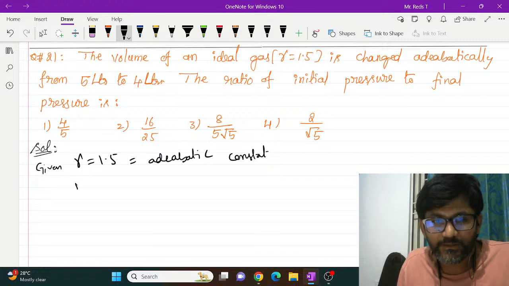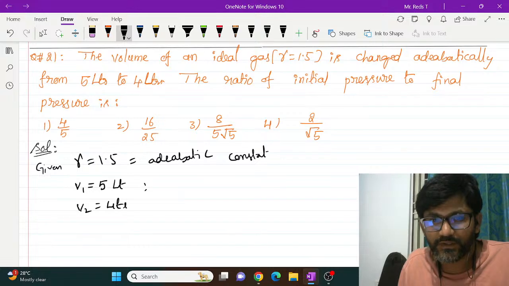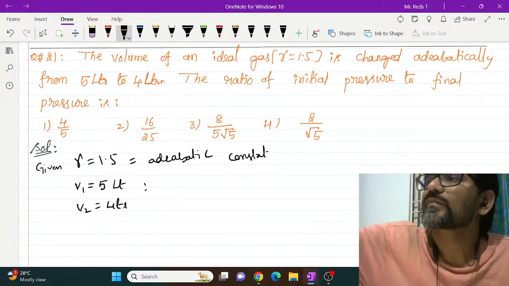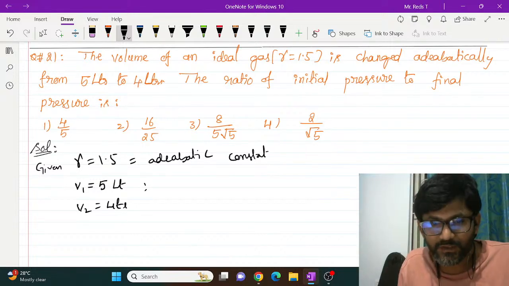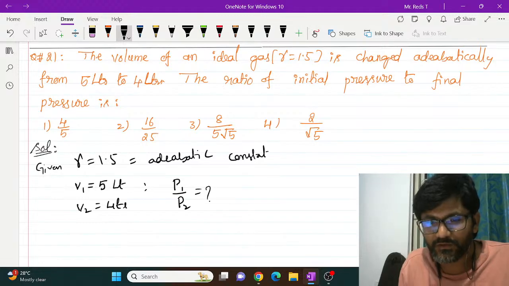And V1 is 5 liters and V2 is 4 liters. We are asked to find the ratio of initial pressure to final pressure. So P1 by P2 is equal to what?